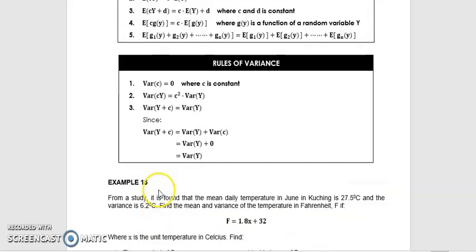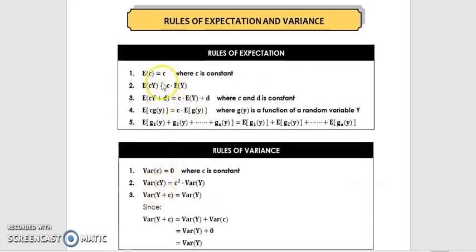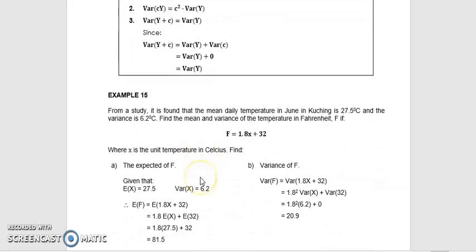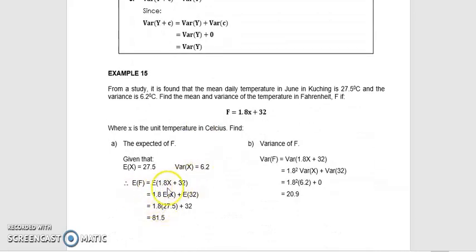Here you apply the rules of expectation. 1.8 is a constant, so you take it out. It will be 1.8 multiplied by expected of x plus expected of 32, since 32 also is a constant.